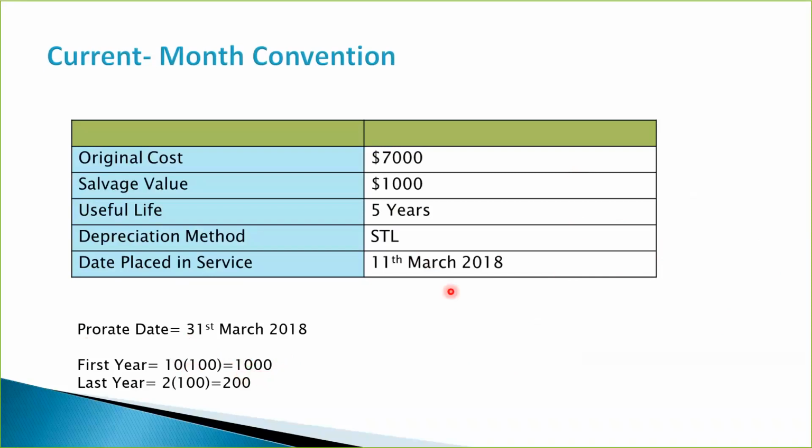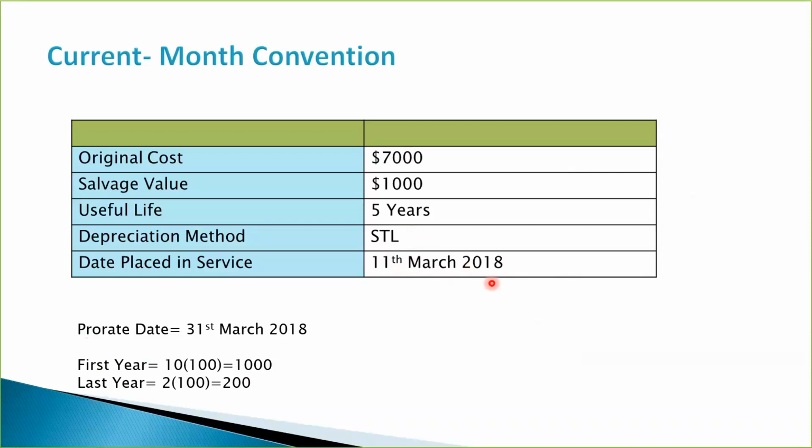For the next year, 2019, it will be 1200. 2020, it will be 1200. 2021, 1200. 2022, another 1200. And then the last year of the asset's life, which is 2023, we say the asset will be retired on 10th March. Okay. So for that period, which is March, according to this convention, depreciation won't be calculated.